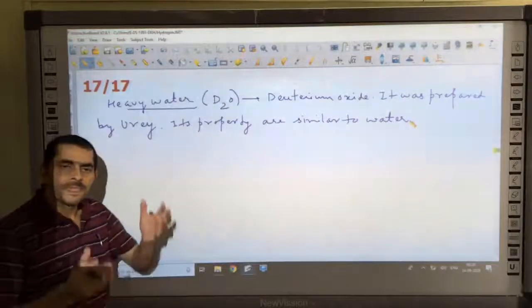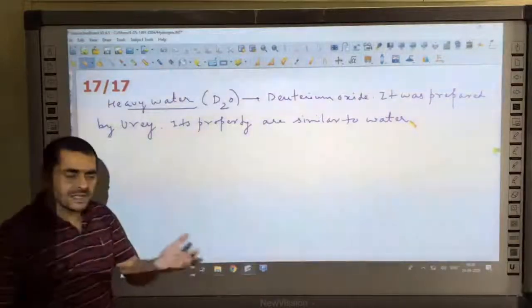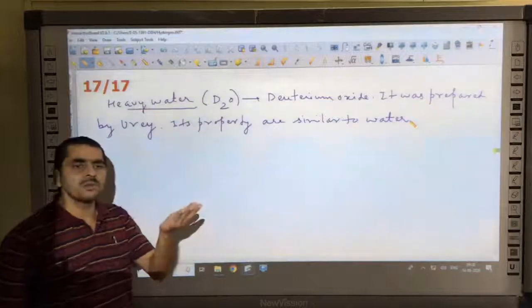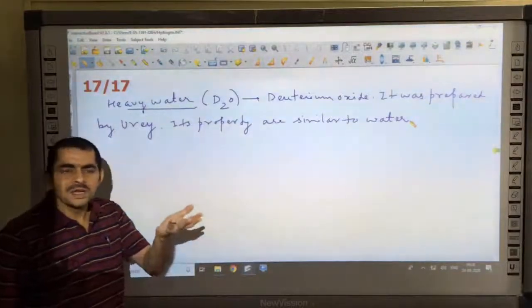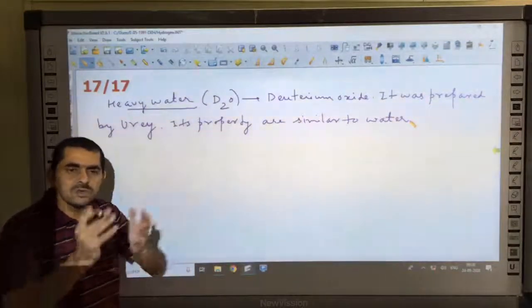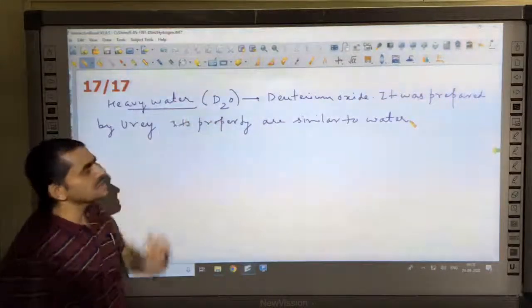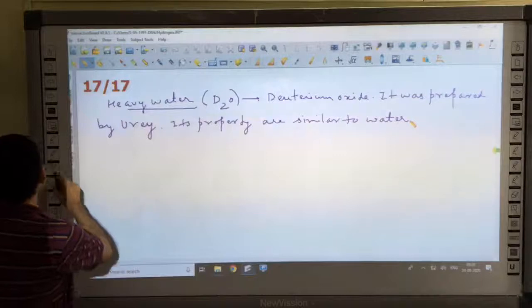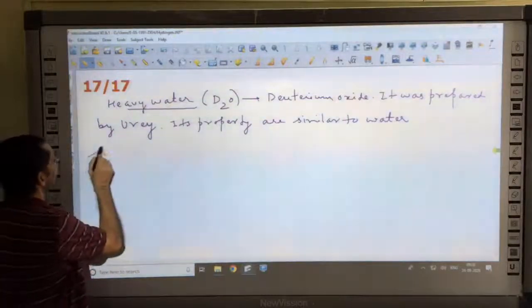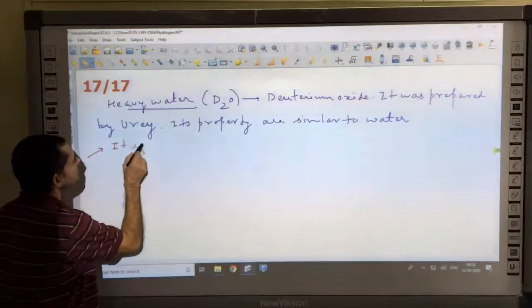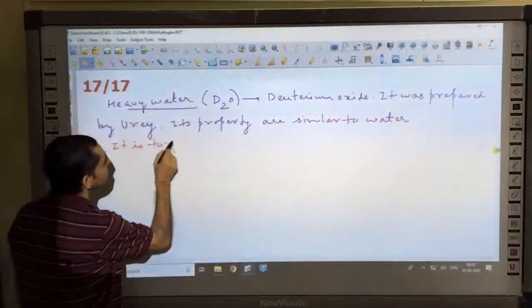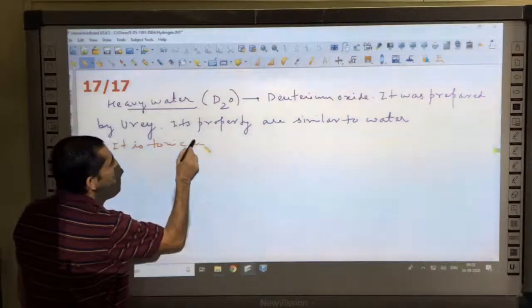Okay, but when properties are similar, it has a higher boiling point, higher melting point, its mass is more. So there is only a difference of a few properties between heavy water and normal water. Clear? Now, it is toxic in nature, it is poisonous.